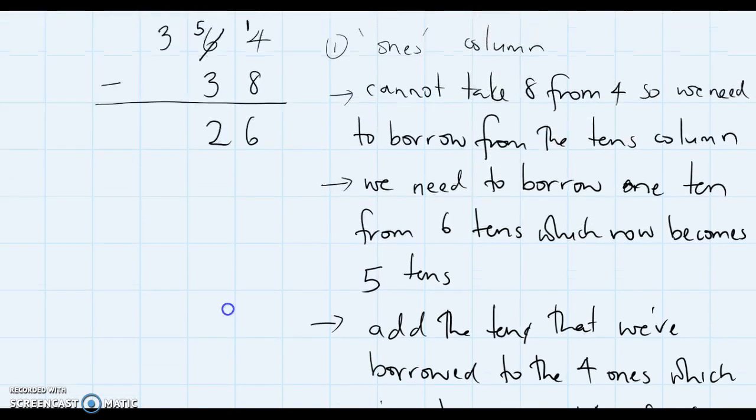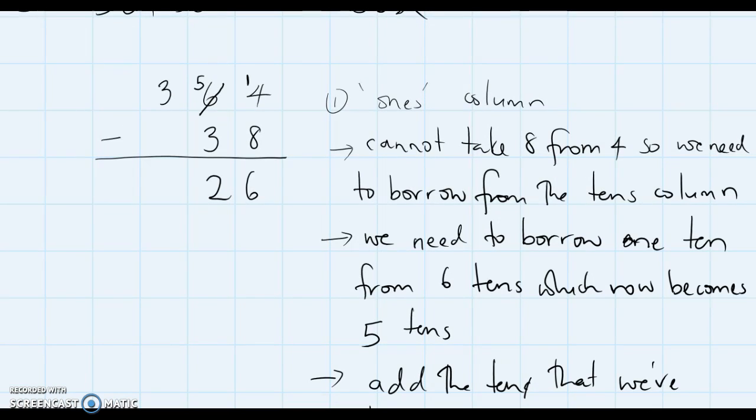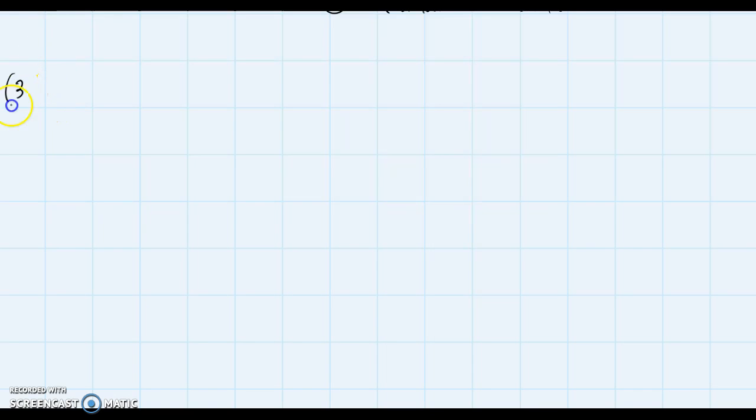We've done the ones, we've done the tens, this is the hundreds here. There's nothing there, which means it's a 0. So 3 hundreds take away 0 hundreds is 3 hundreds. So how many apple trees have I got left? 326 apple trees left.